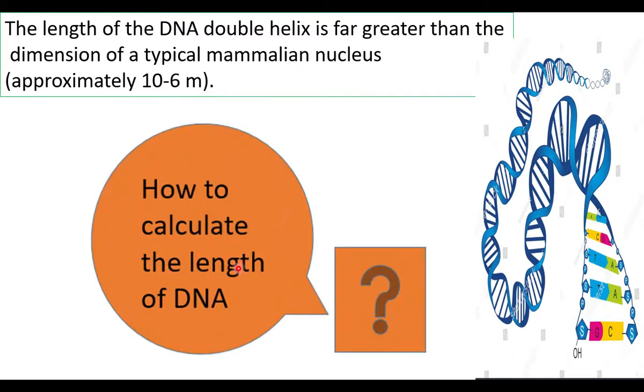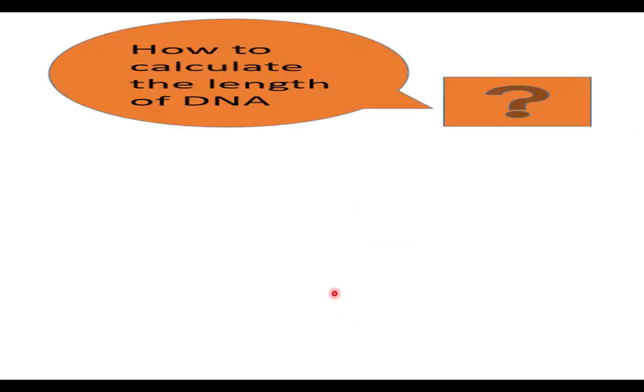How to calculate the length of DNA? Let us see now. The length of DNA is greater than the dimension of the nucleus. Now let us see how to calculate the length of DNA. If we want to calculate the length of DNA, we must know two things.